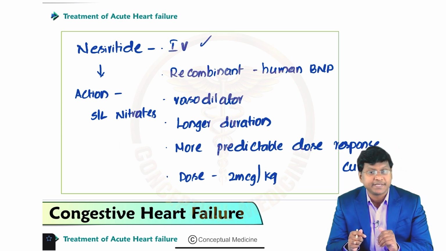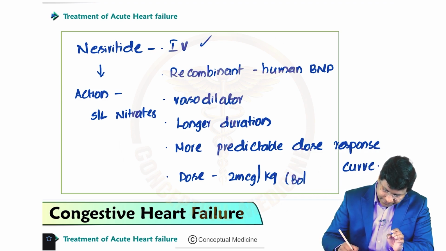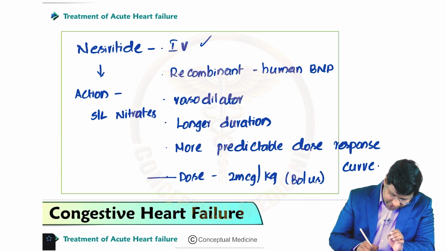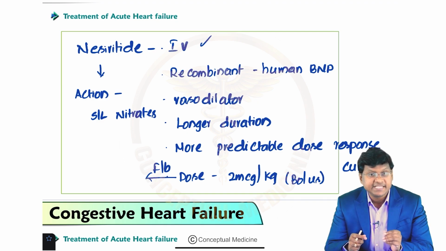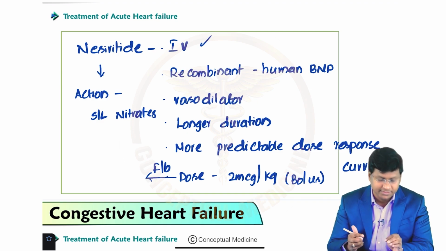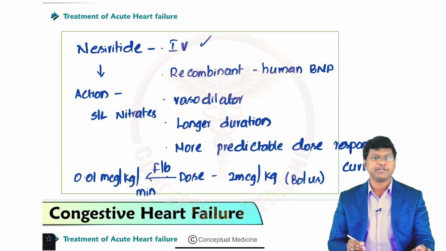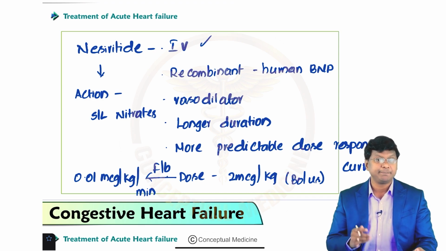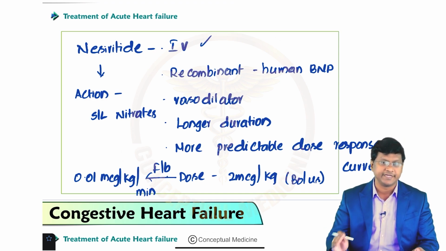So 2 micrograms per kg is the intravenous bolus dose, and this bolus is followed by an infusion given at 0.01 micrograms per kg per minute, which may be up-titrated if needed.